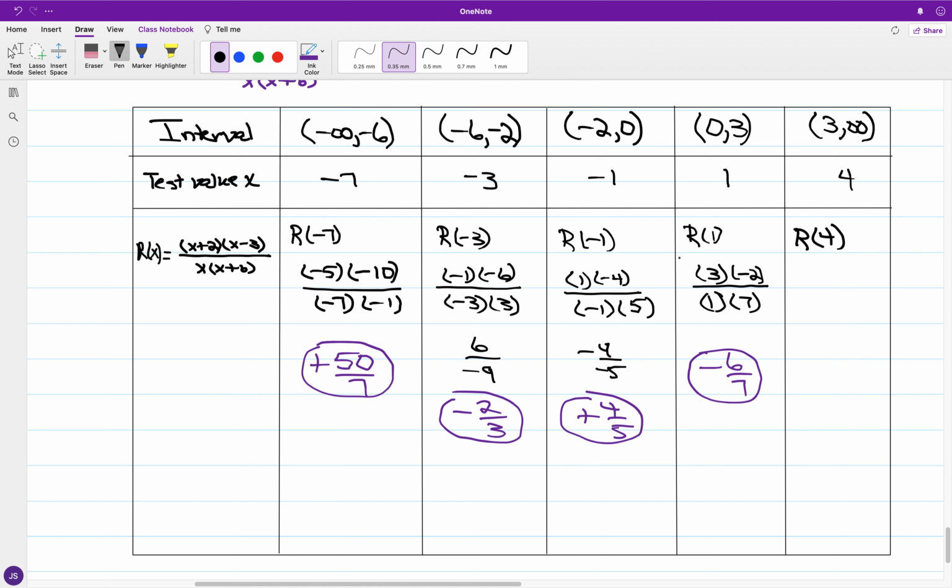We have for r of 4, 4 plus 2 is 6. 4 minus 3 is 1. And you got 4. And 4 plus 6 is 10. So you got 6/40, and that is reducible to 3/20. Again, the key thing among the outputs is the sign value.